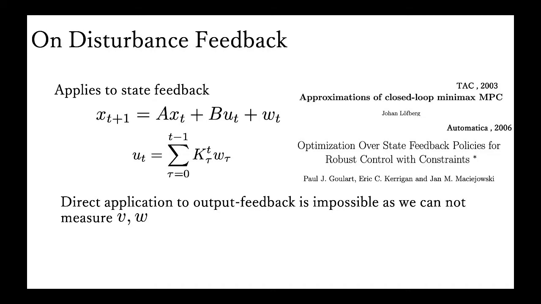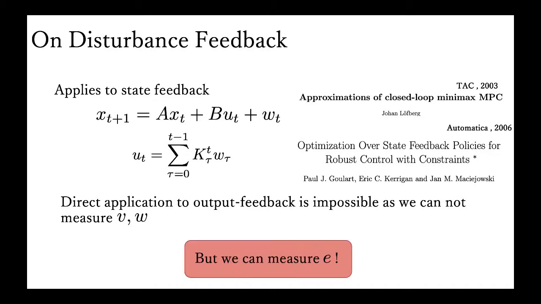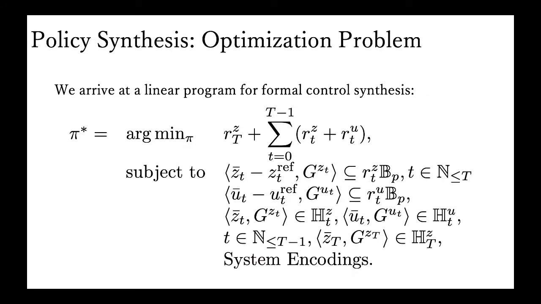But the key is we can actually observe error terms, because those error terms are coming from the output predictor system, and everything in the output predictor system is observable. So here's the main idea. Instead of disturbance feedback based on V and W, have the feedback on E, which I call error feedback instead of disturbance feedback.